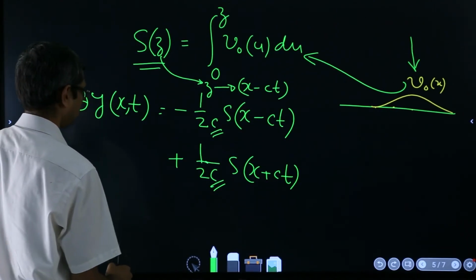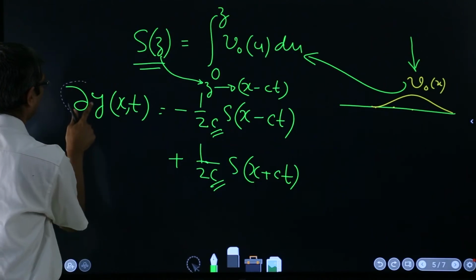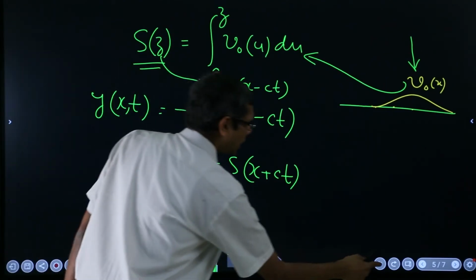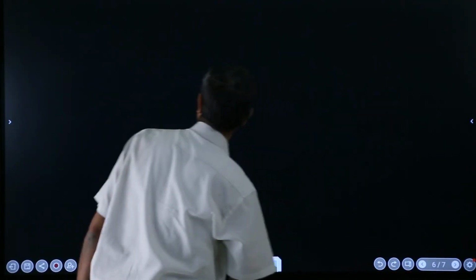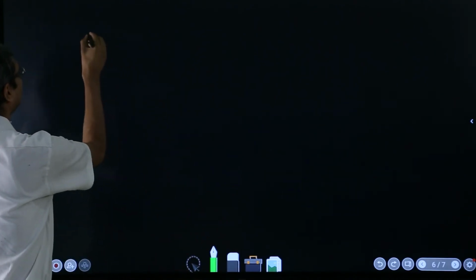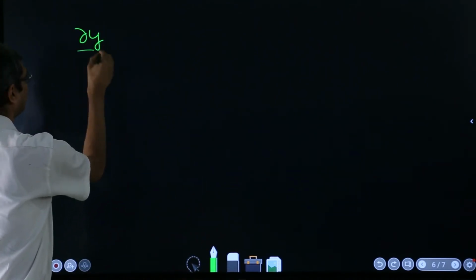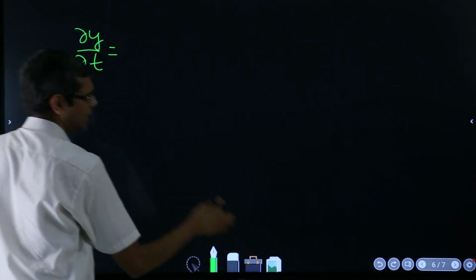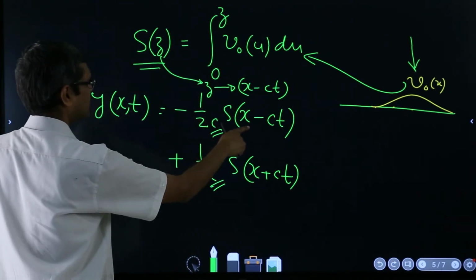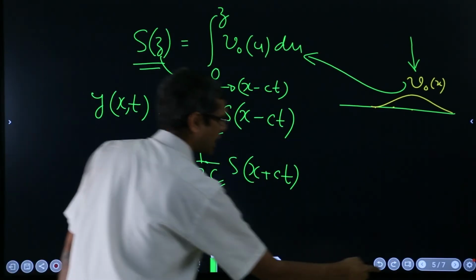So can you do it yourself? I am also doing it here. You calculate the partial of y with t. It will be what? This c will just get cancelled out.